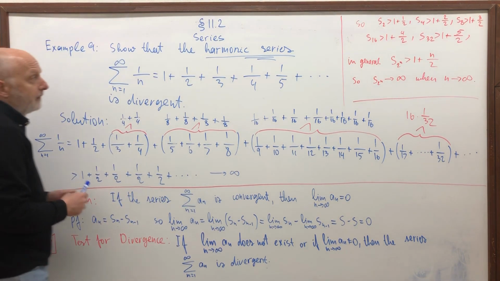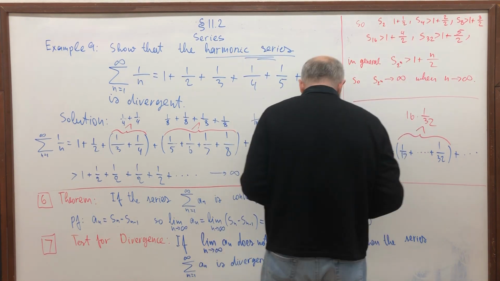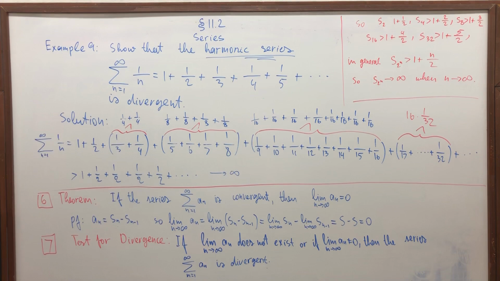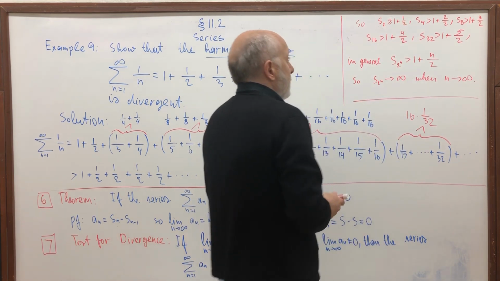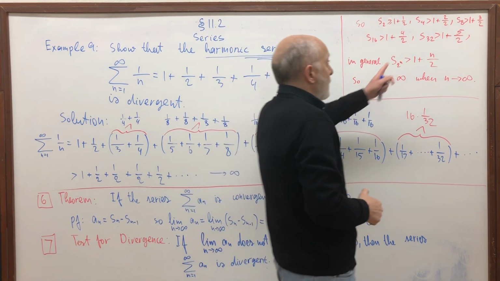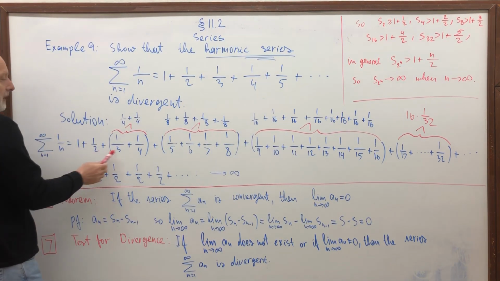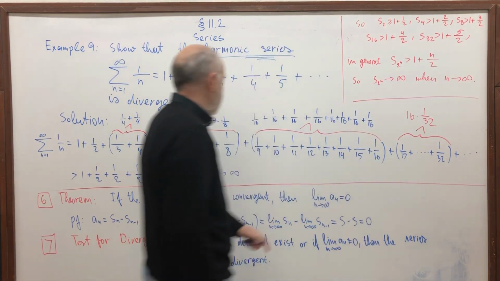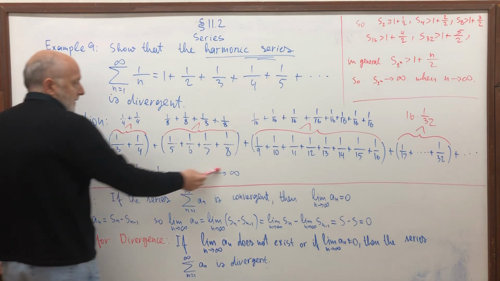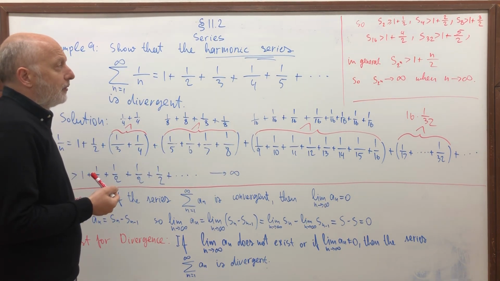So if we pay attention, in this generalization, we get that the sum of the first 2 terms, S2, 1 plus 1 half, is equal to 1 plus 1 half. S4 is more than or equal to 1 plus 1 half plus 1 half, which is 1 plus 2 over 2. S8, all this sum, is more than 1 plus 3 over 2 and so on.